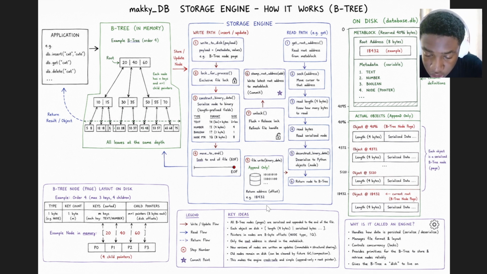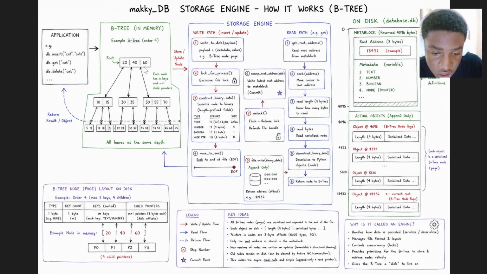Then when we're done with whatever operation we're doing, we will unlock the file so that we release it in case any other program wants to use it. Then we stamp the root address, and the reason we do that is because this binary tree is immutable. So anytime we perform any operation, we don't directly change the data in place.